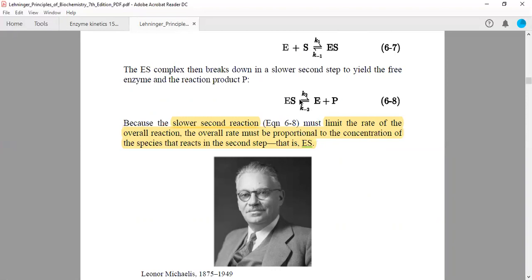But this is the breakdown process of the enzyme substrate complex. So here you see this equation is for the formation of the enzyme substrate complex, and this equation is for the breakdown of the enzyme substrate complex into the product and the enzyme.